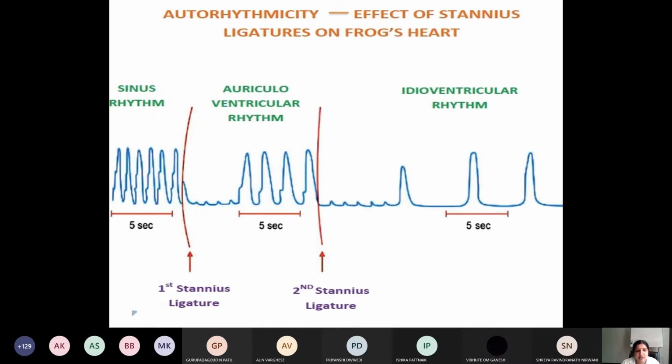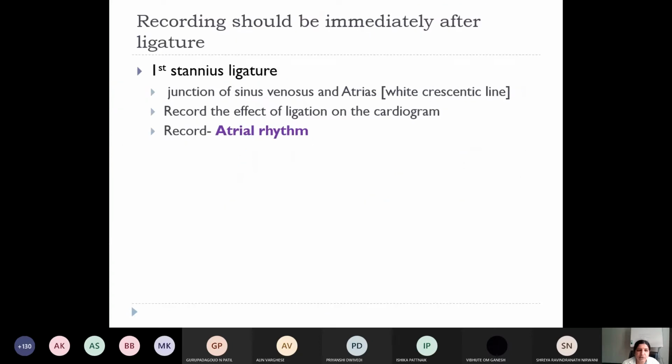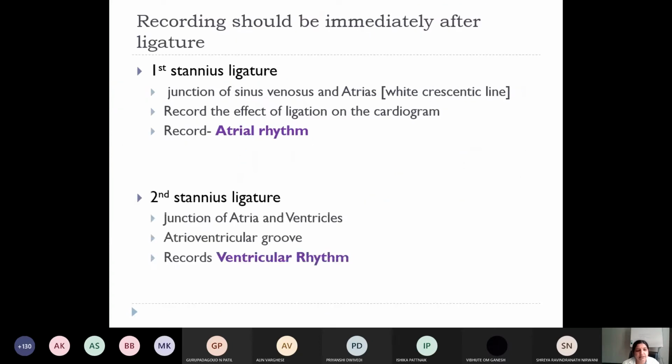Auriculoventricular rhythm means the impulse is generated purely by the atria or auricles. That's why it's called auriculoventricular rhythm or atrial rhythm. So what happens once you tie the second Stannius ligature? It is between the atria and ventricles.